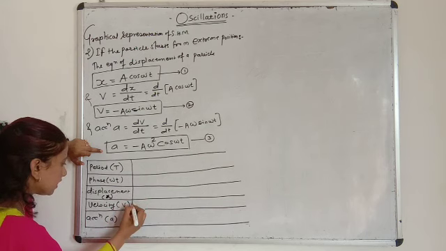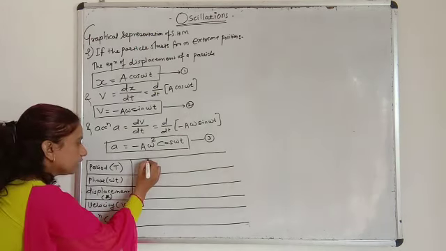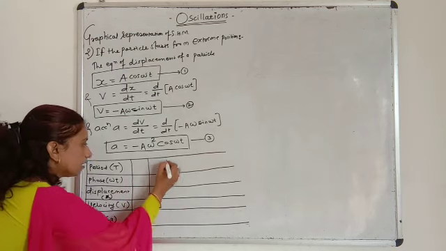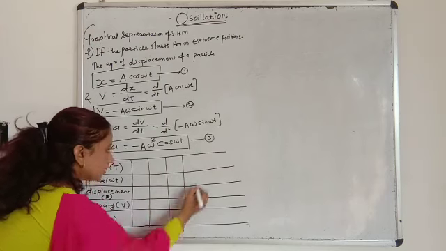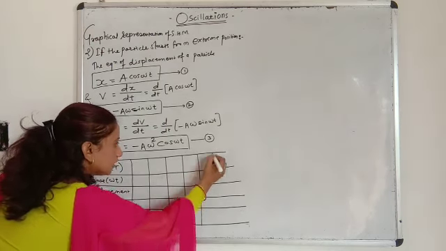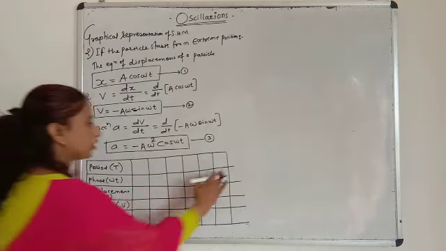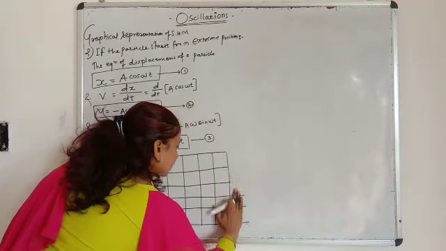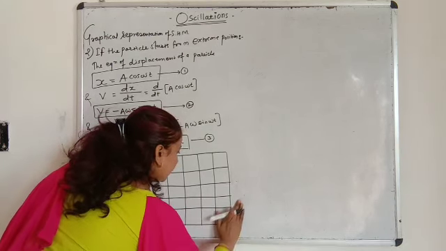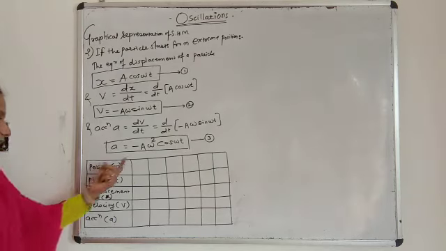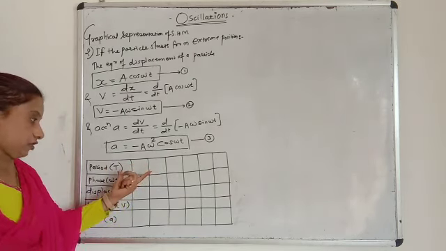All these values are put in the tabular form here. Here we take the periodic time first, and how to put this periodic time in the table, we have already seen in the previous lecture.